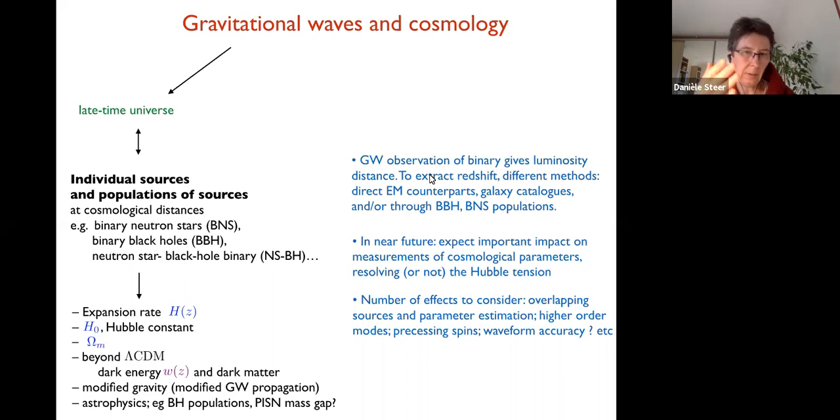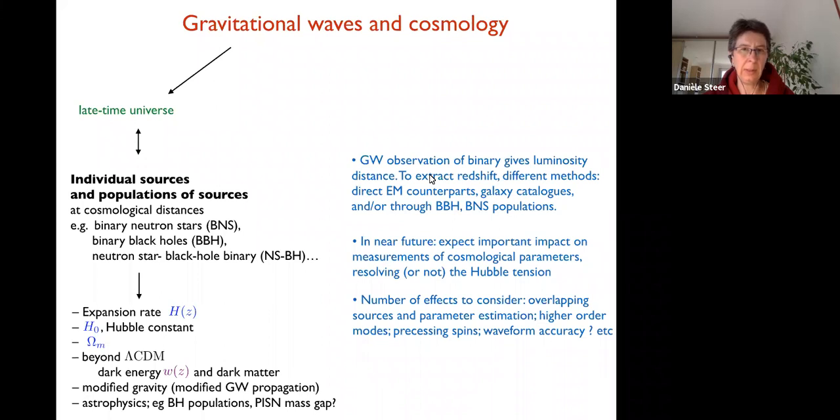We saw that the waveform goes as 1 over the luminosity distance, and so we in principle have a direct measurement of the luminosity distance. And then we saw that in order to extract cosmological parameters from that, we need a way of estimating the redshift to the source.